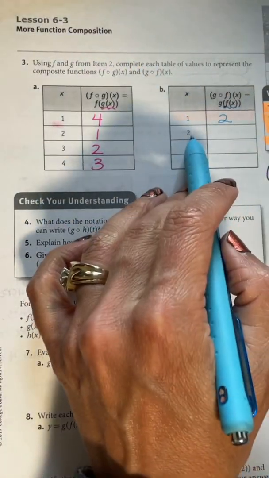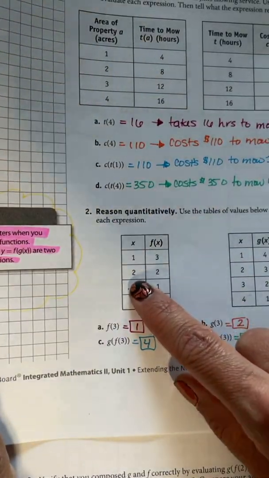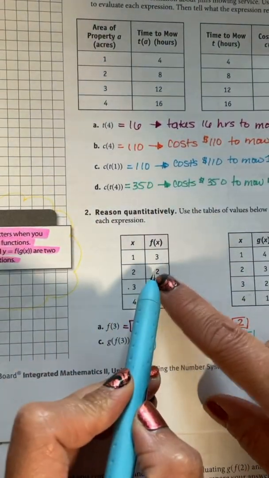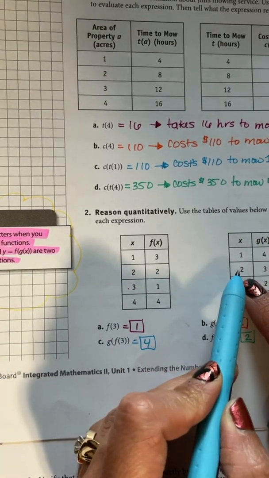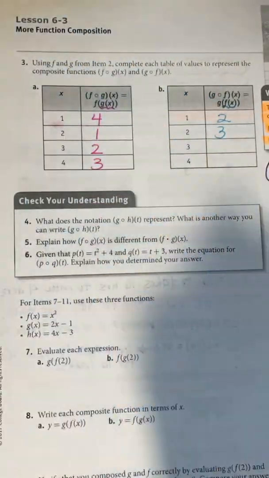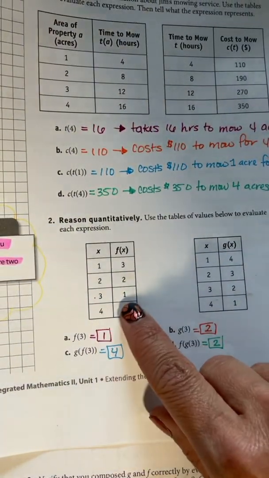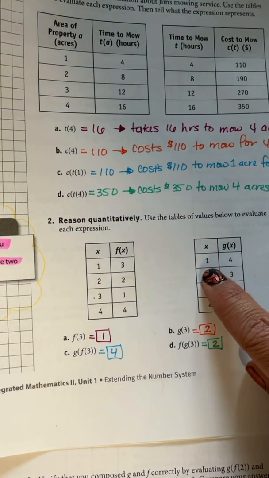All right, now start with a 2. So f of 2. F of 2 is 2. Take that 2, plug it into the g function, and the output is a 3. Now f of 3. F of 3 is 1. Plug that 1 into the g function, and the output is a 4.